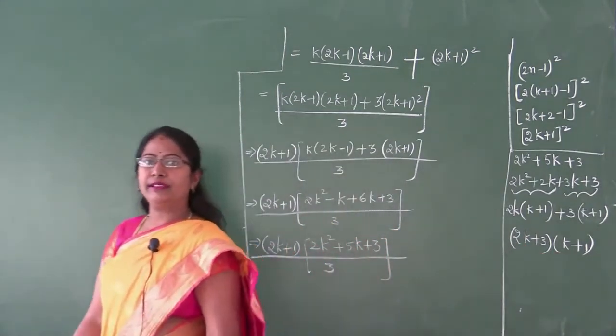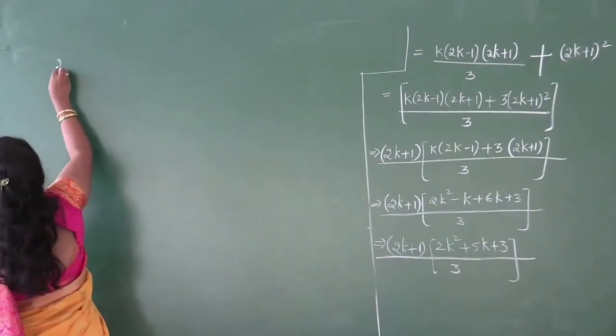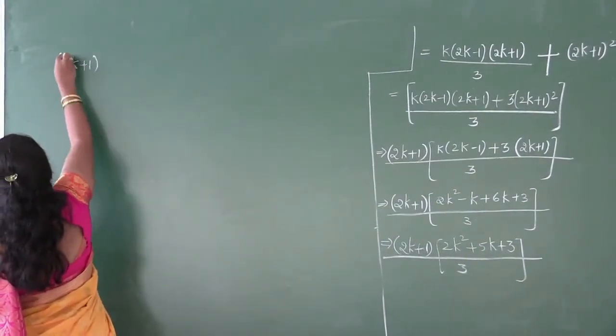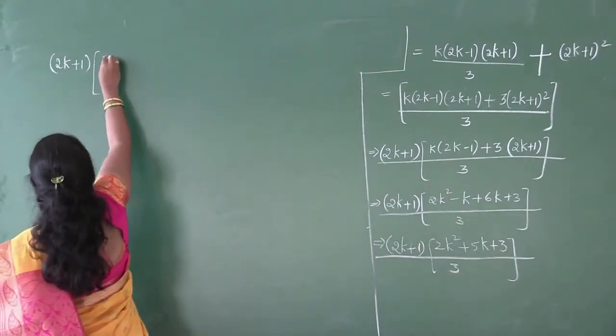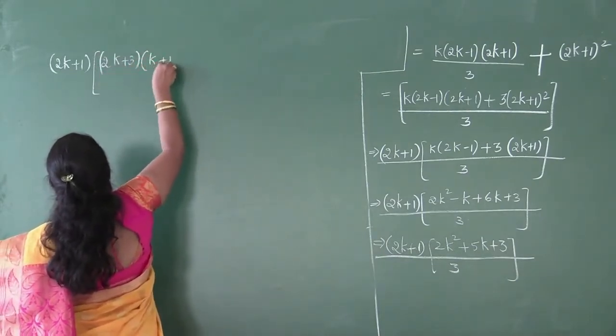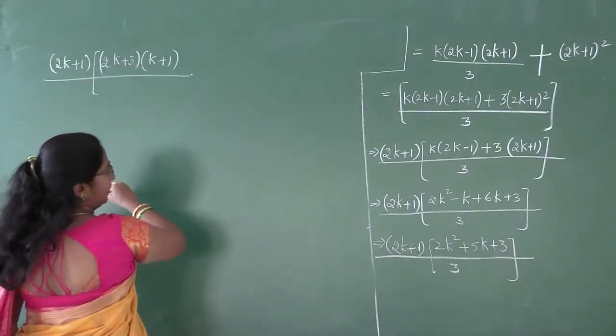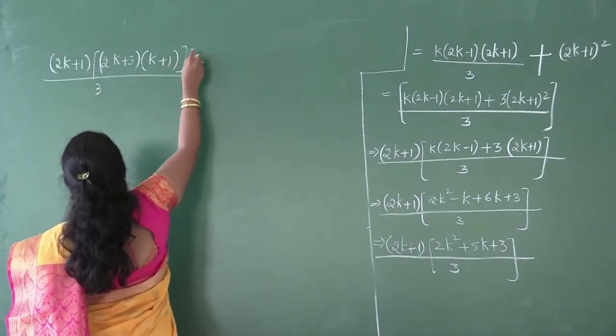So we will write the factorized term of the numerator. So what do we have now? 2k plus 1 into 2k square plus 5k plus 3 can be written as 2k plus 3 into k plus 1, whole thing divided by 3.